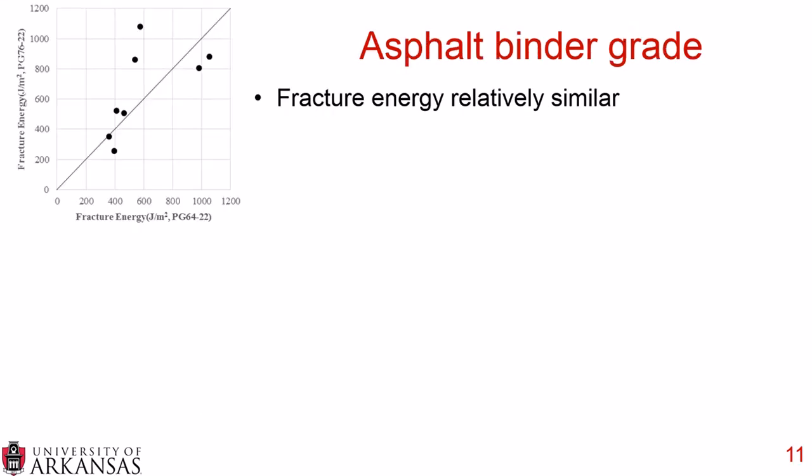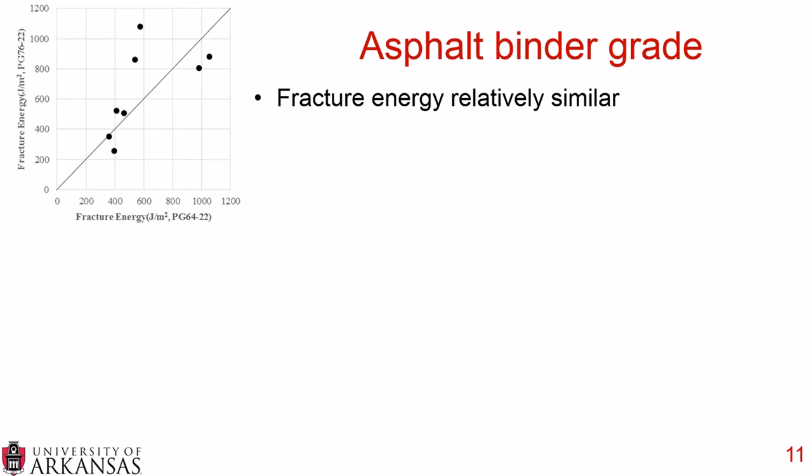So for the asphalt binder grade, all of these graphs that you'll see on the following slides, we have the fracture energy, the cohesive energy, and the energy rate on the X and Y axis respectively. And then we took a look at the two different levels that we were looking at. So here for the fracture energy, the PG76-22 is on the Y axis and the PG64-22 is on the X axis, and everything else is the same.